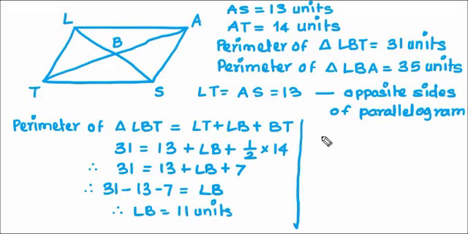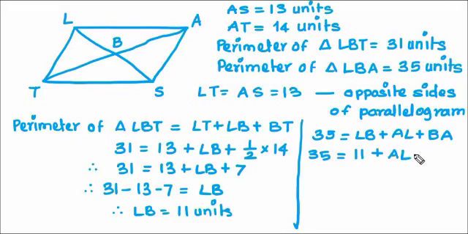What is the perimeter of triangle LBA? It is 35 units, and that is equal to LB plus AL plus BA. Now we know LB, we have found out from here, it's 11, plus AL, we don't know, plus BA is again half of AT, and hence it is 7 units, and therefore 35 minus 11 minus 7 is equal to AL, and hence AL is equal to 17.